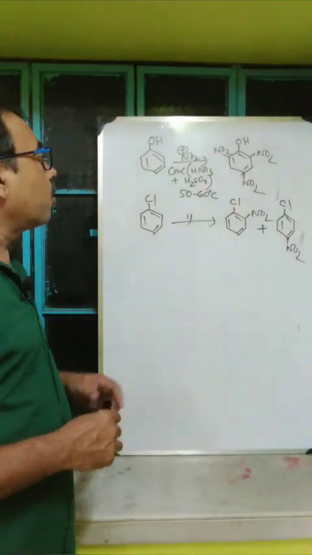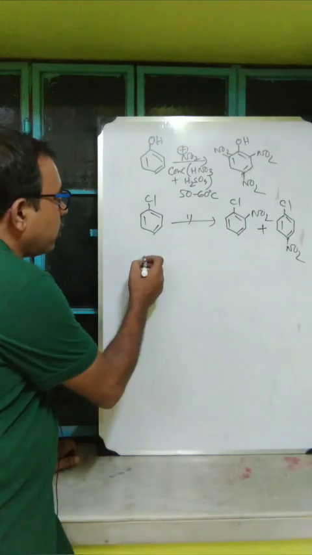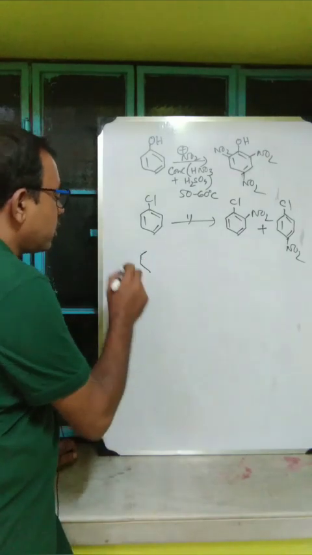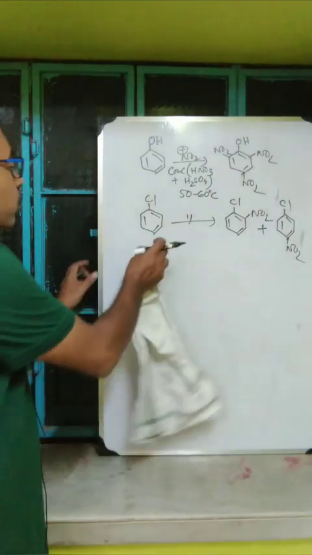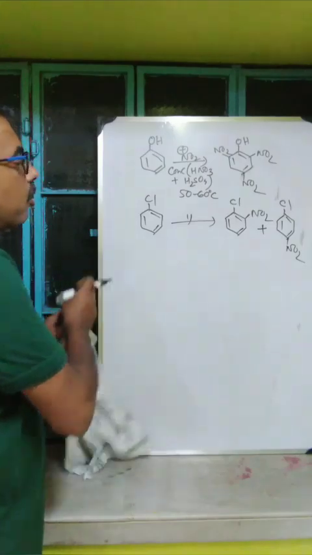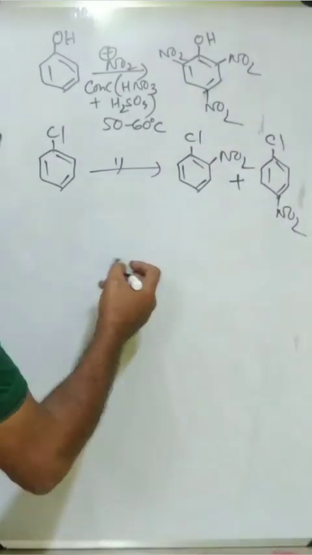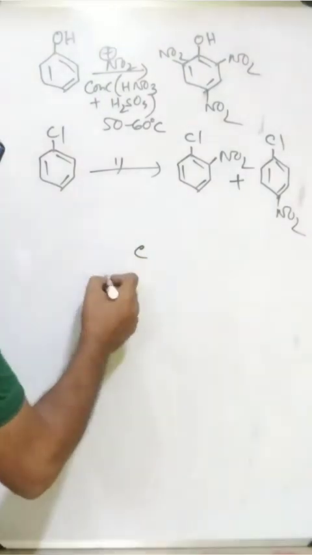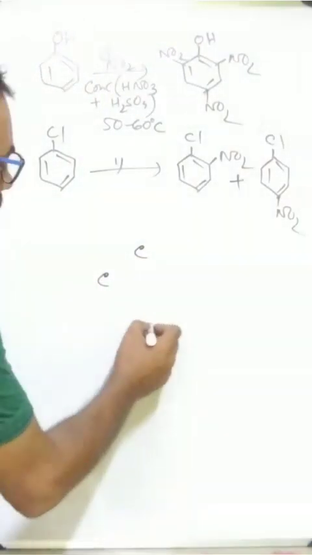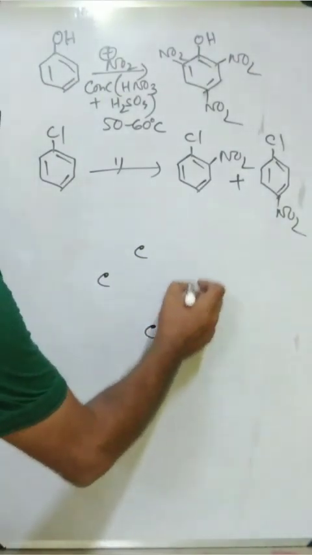First of all, in case of phenol, delocalization occurs. Delocalization of the lone pair of oxygen occurs into the benzene ring. How does it happen? In benzene, 6 carbon atoms are there.